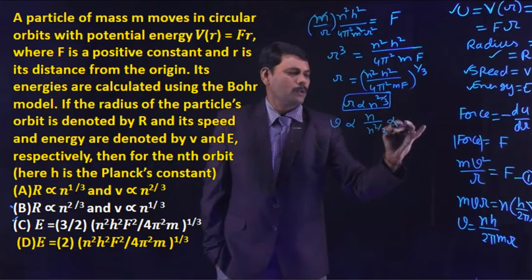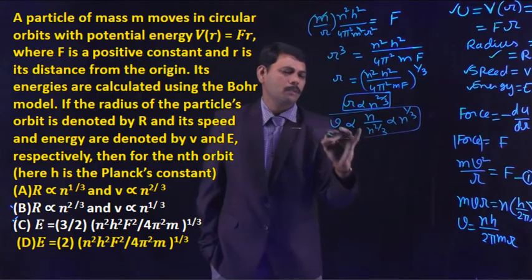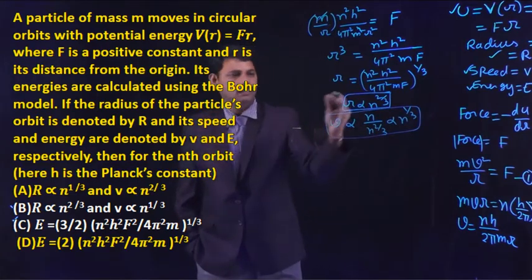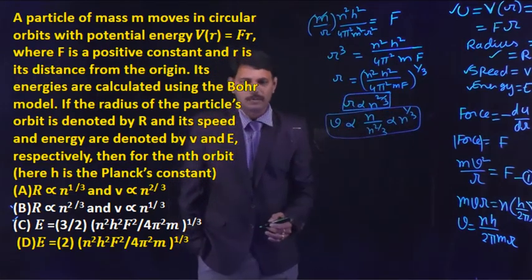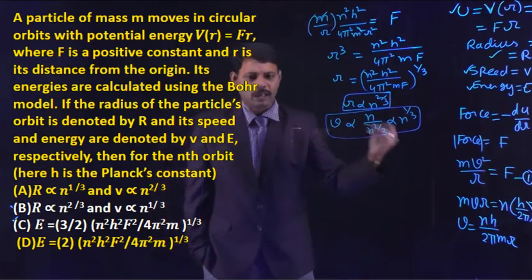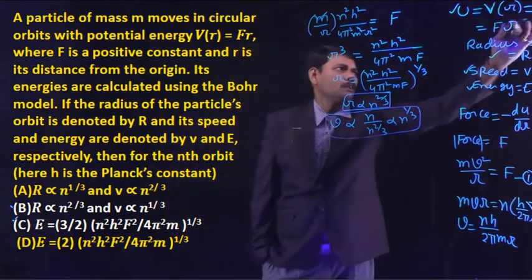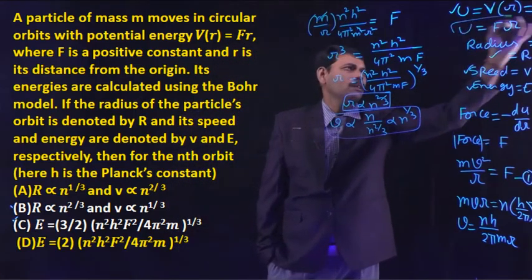This implies v is proportional to n to the power of 1 by 3. This is the second result, which we compare with the options. So we get r proportional to n power 2 by 3 and v proportional to n power 1 by 3. Then we come to energy. Already we have potential energy as F into r.